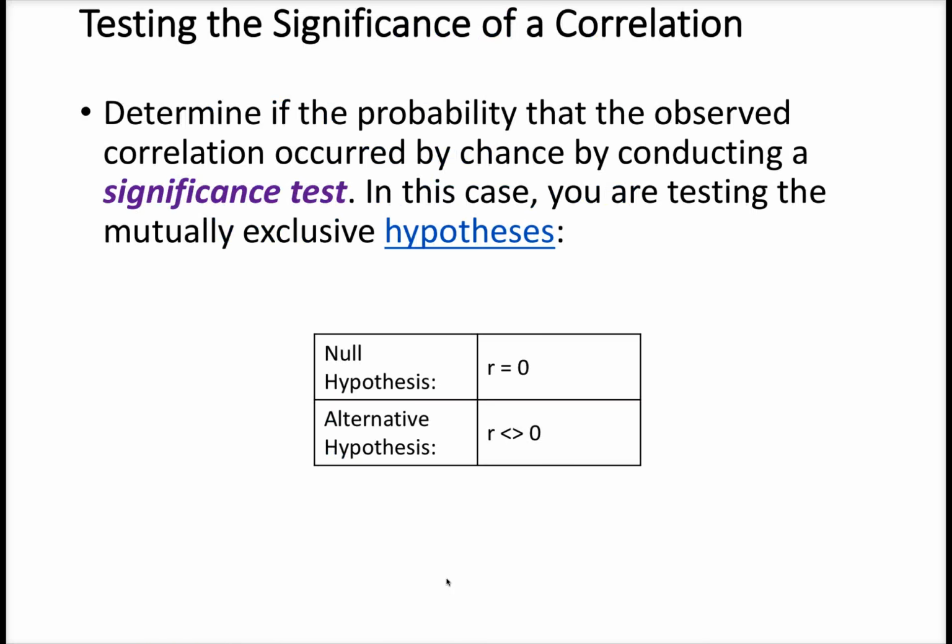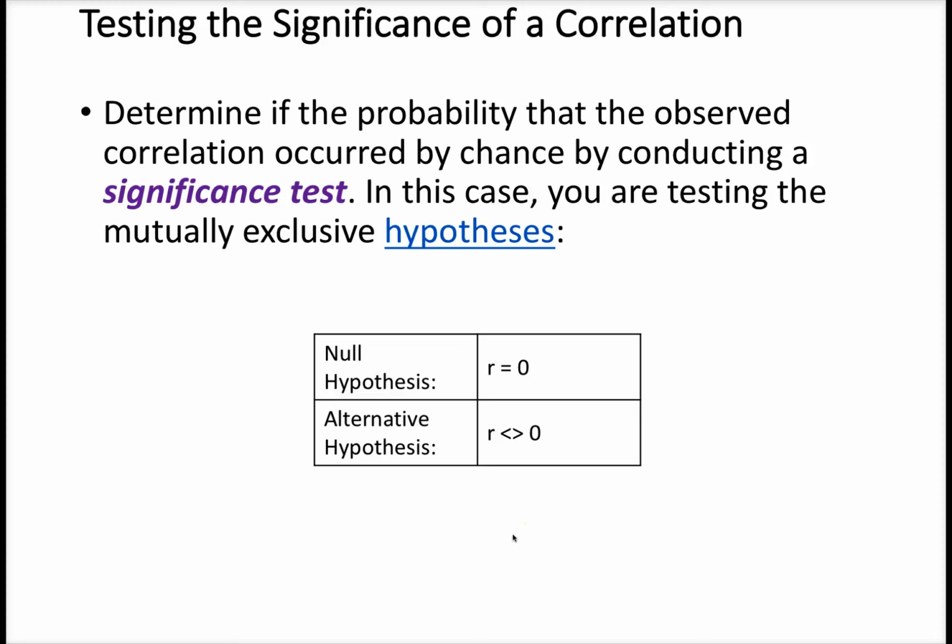So one of the questions we might ask is, is this value of 0.73 by chance, or is it really the right correlation? If we were to take hundreds of samples of 20 people, would we come up with similar results?